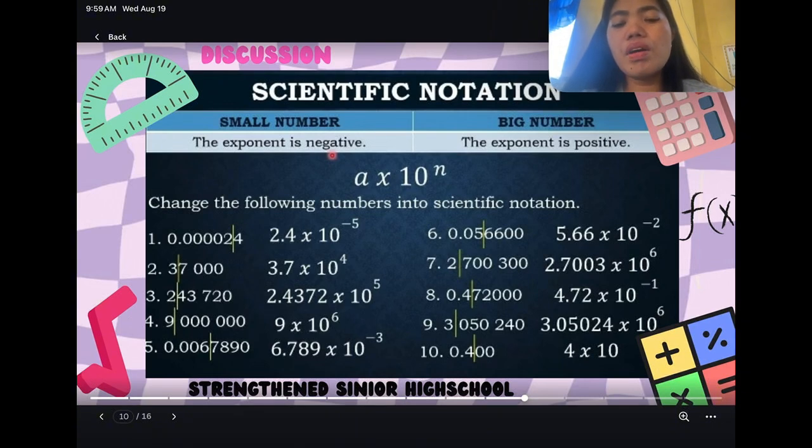Number 8, 0.47200, is 4.72 times 10 raised to the power of negative 1. Number 9, 3,050,140, will be 3.05024 times 10 raised to the power of 6. And number 10, 0.400, will be 4 times 10, the exponent being just 1.